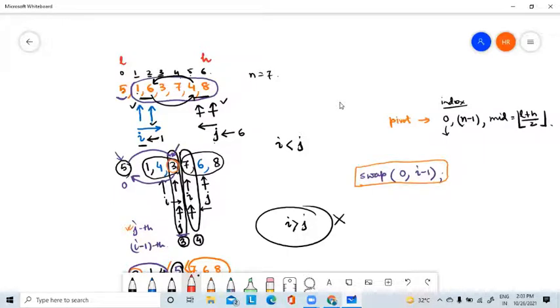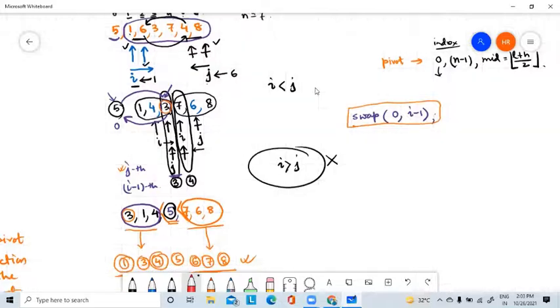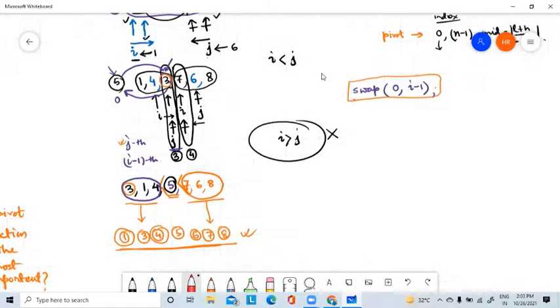Now after performing the pivot selection, this is the position of the pivot. So this is P. So this subarray from 3 to 4 will be L to P minus 1 index value, and this subarray with 7 to 8 elements will be P plus 1 to H.